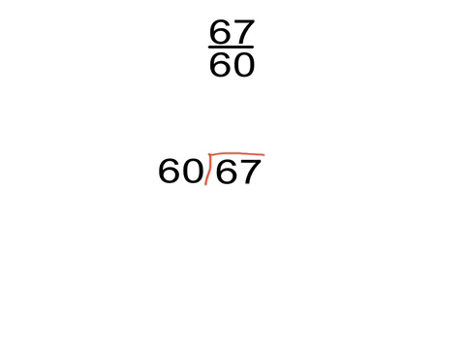Some of you know that we often rewrite improper fractions as something called mixed numbers. And in order to do that, we divide the numerator, 67, by the denominator. And of course, 60 goes into 67 one time, and there's 7 left over, or 1 remainder 7. The improper fraction comes from this division problem.